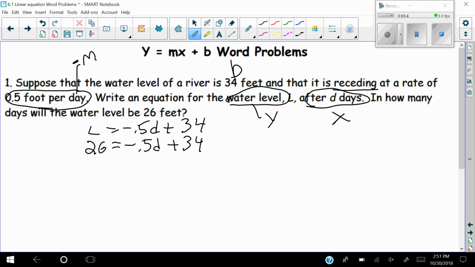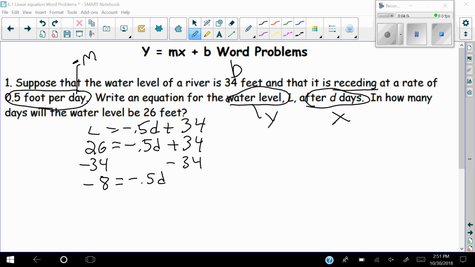So now I'm going to go ahead and solve. I'm going to go ahead and try to get this d by itself by subtracting 34 on both sides. That's going to give me a negative 8 equal to negative 0.5d.